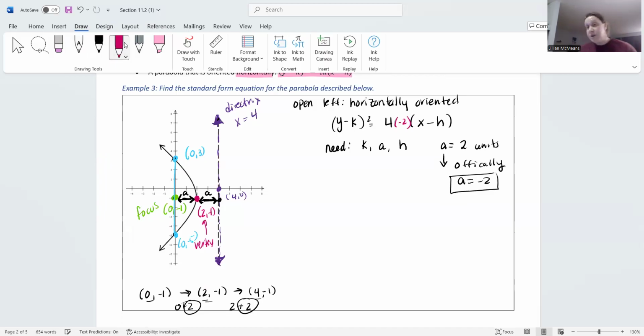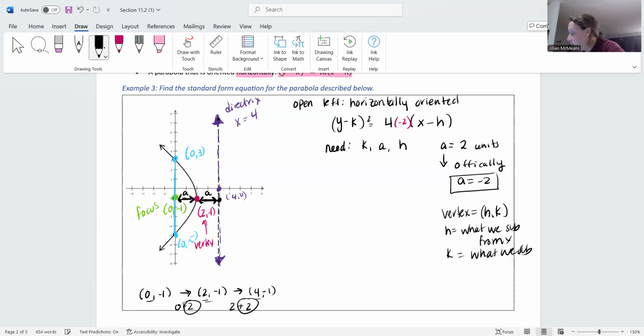Now, from the vertex, we can get H and K because remember, the vertex equals H comma K. And H is what we subtract from X, and K is what we subtract from Y. So if our vertex is officially 2, -1, that was this point right here that I originally did in magenta.